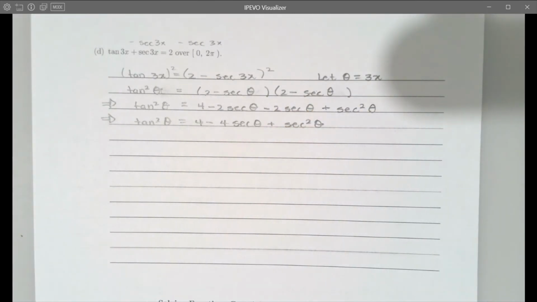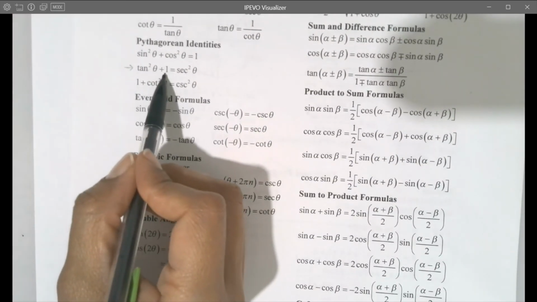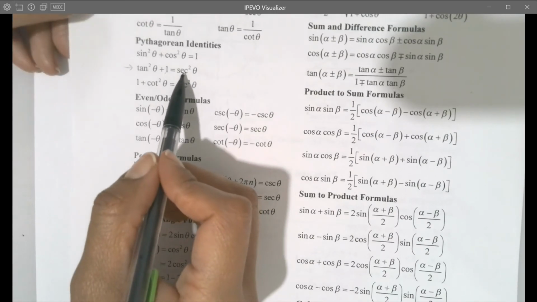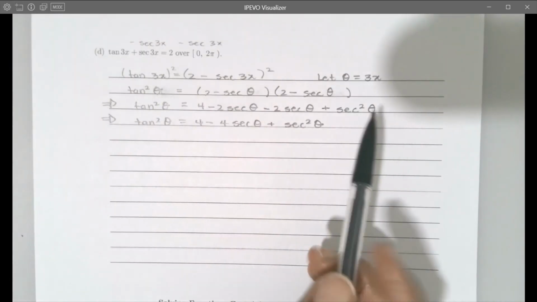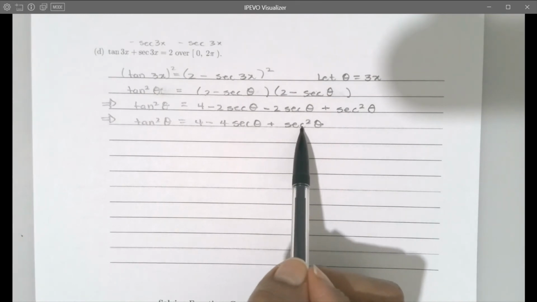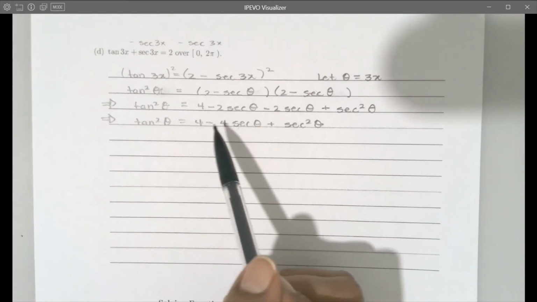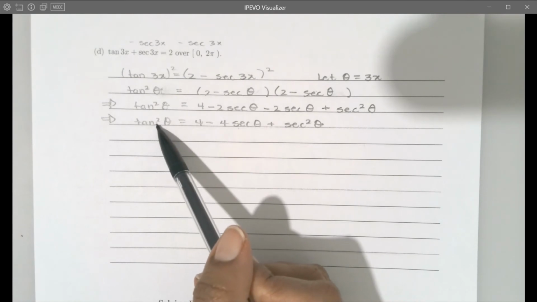Alright, now if we go back to the Pythagorean identity to remind us exactly what it says, tangent squared theta plus 1 is equal to secant squared theta. If we replace secant squared theta with the tangent squared, it would happen at this term, but it would still leave a secant theta left over for us to get rid of. So instead of doing that, I'm going to replace the tangent squared theta.